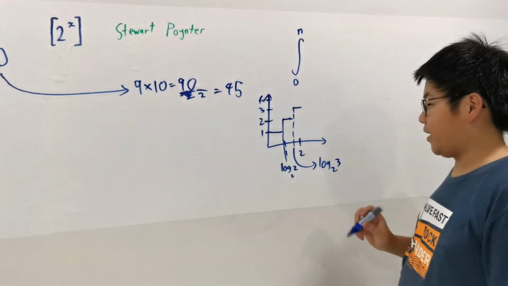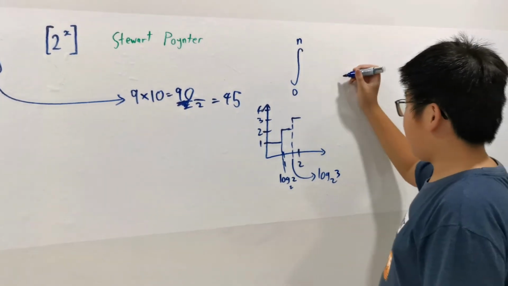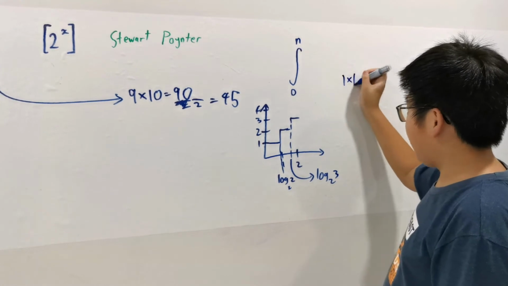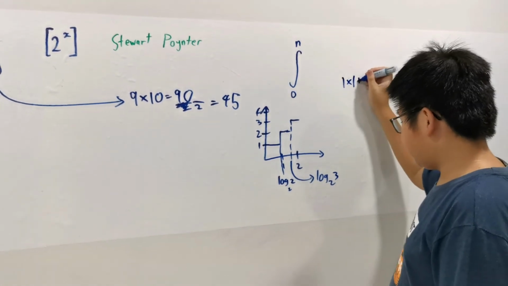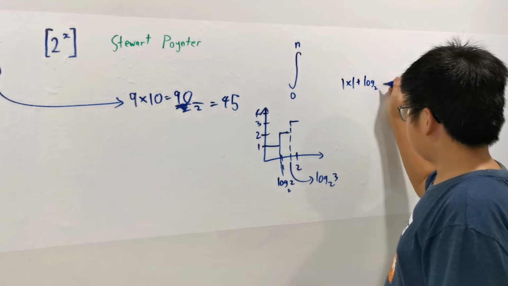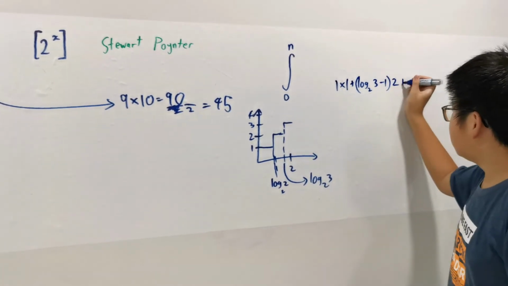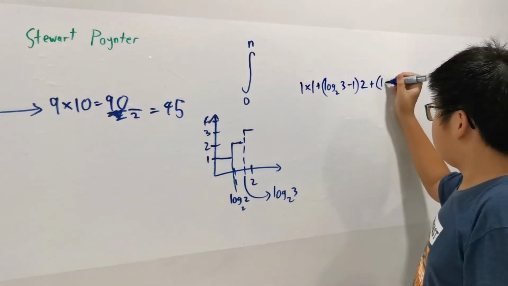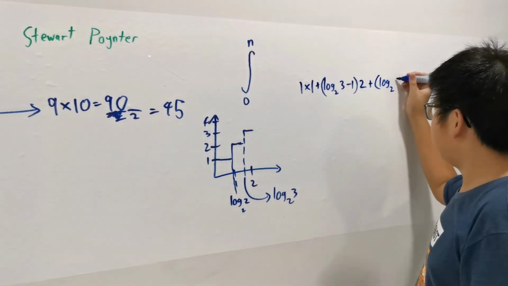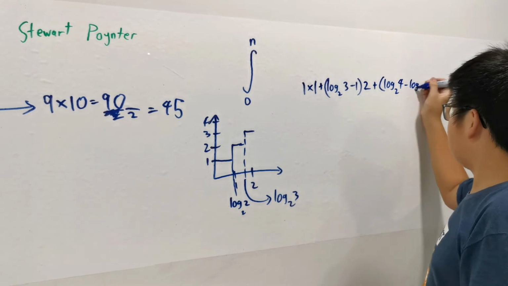Now how do you calculate the area of a rectangle? It's 1 times (log 2 of 2 minus 1), plus 2 times (log 2 of 3 minus log 2 of 2)... wait, let me write it properly: 1 times 1, plus log 2 of 3 minus 1, times 2, plus log 2 of 4 minus log 2 of 3.